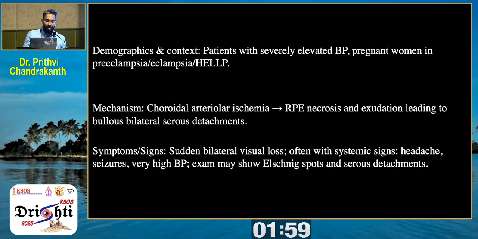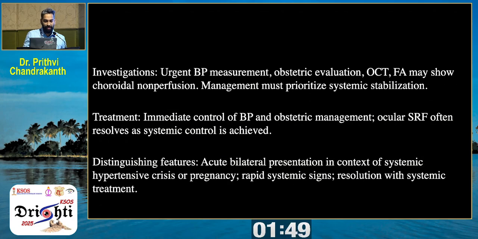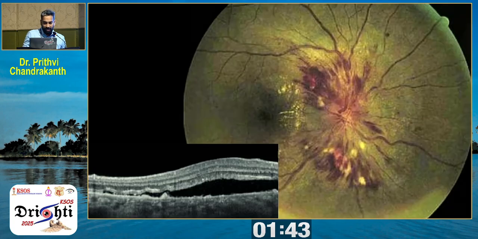Sudden bilateral vision loss occurs, often with systemic signs like headache, seizures, and very high BP. Examination shows Elschnig spots and serous detachment. Investigation can be done with OCT and fundus photo, and this is the SRF of a hypertensive patient with highly elevated blood pressure.